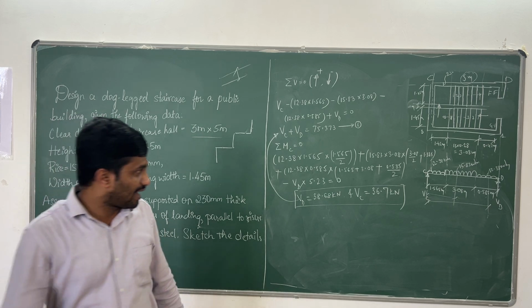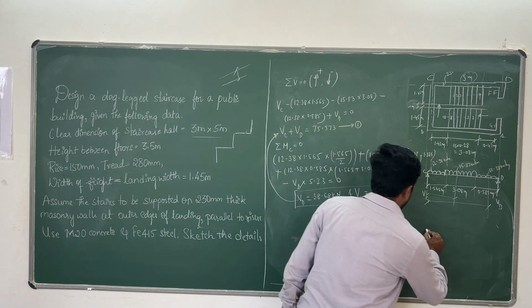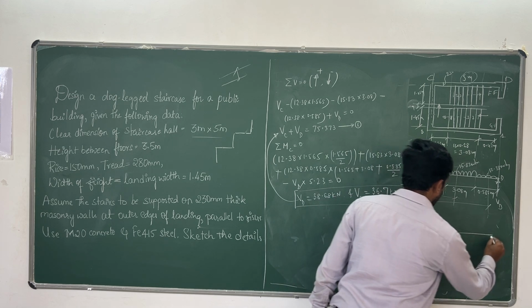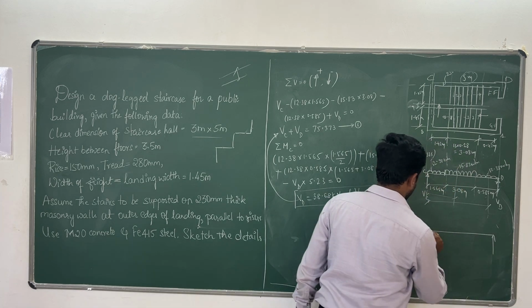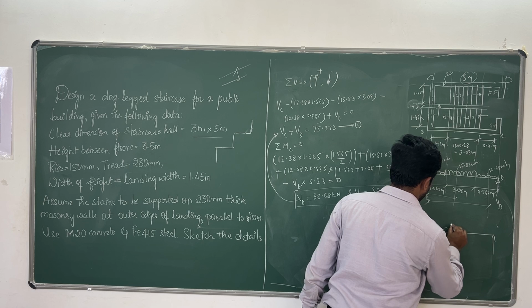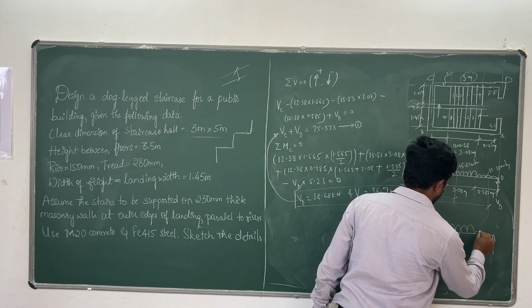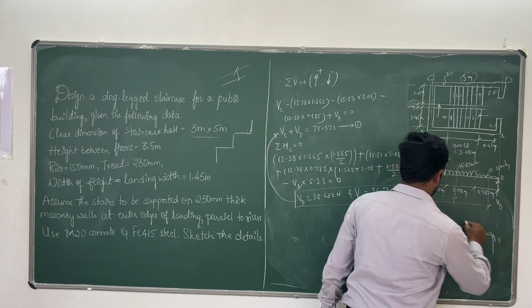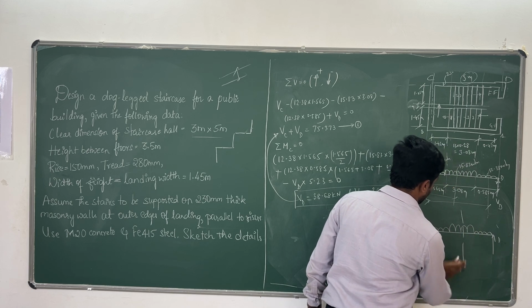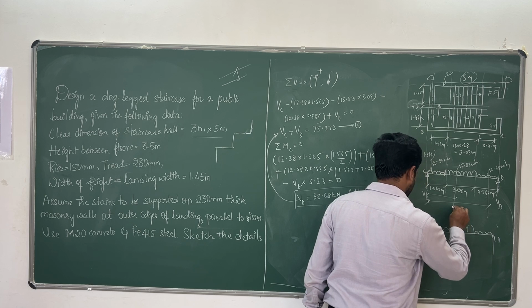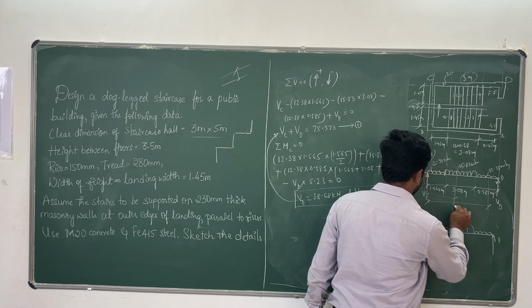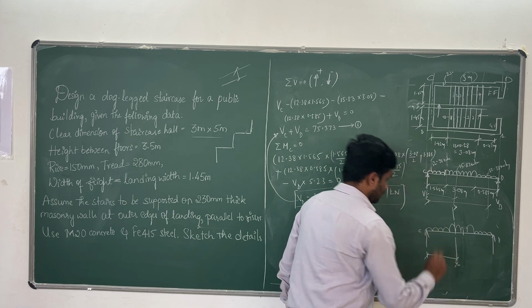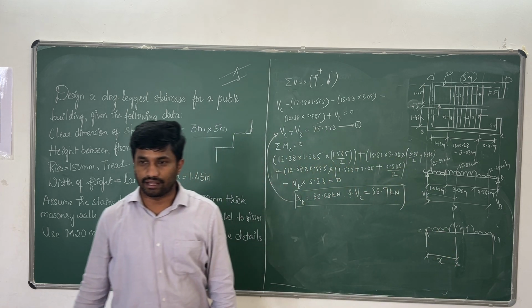For this purpose, I am considering a section. So this is C, D. If you consider a section XX, somewhere here at this point, consider distance X.